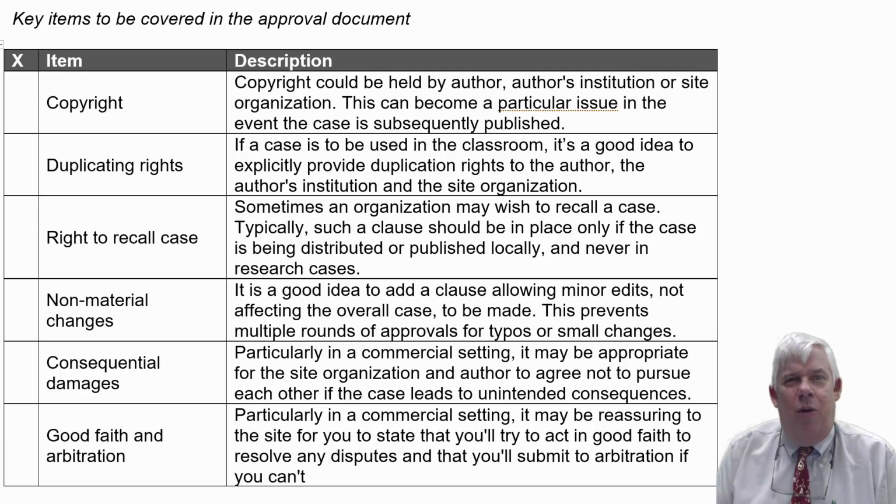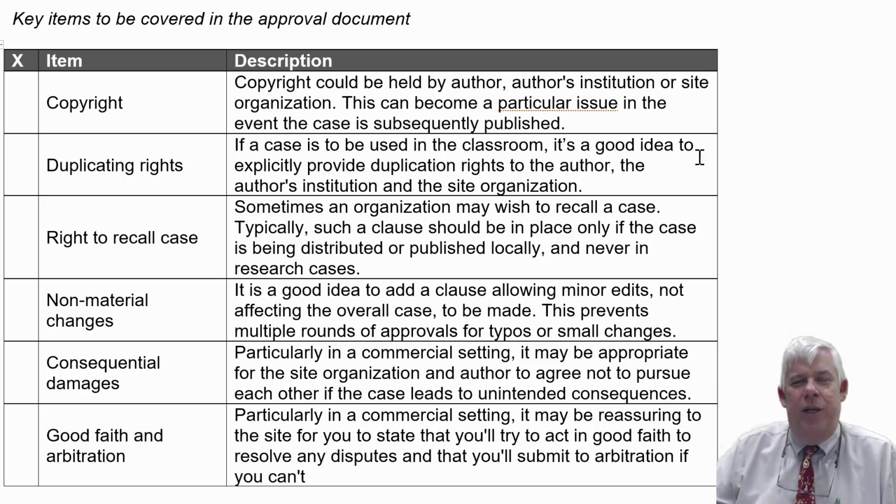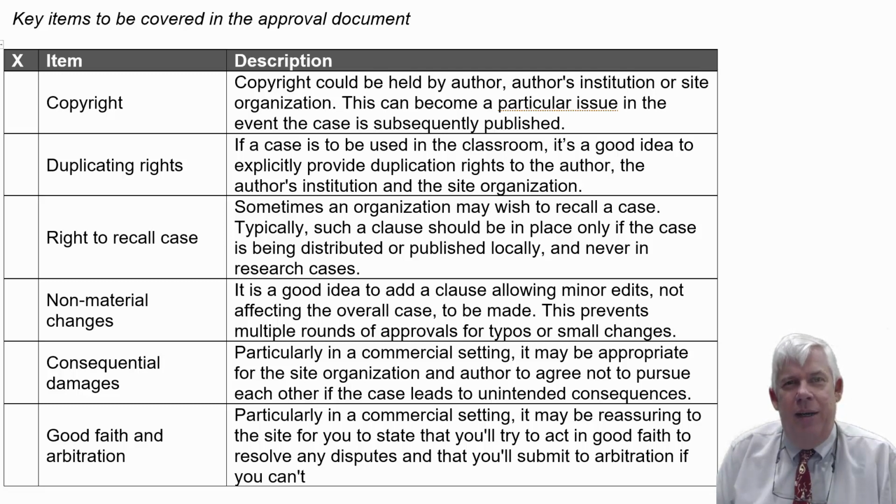If the publisher holds the copyright, you may want to ensure that the organization you've been dealing with has the right to duplicate the case for use internally. If you give them that right before you go to the publisher, chances are the publisher is not going to object, and they'll carve out the right of the organization to copy and distribute the case within its own boundaries.